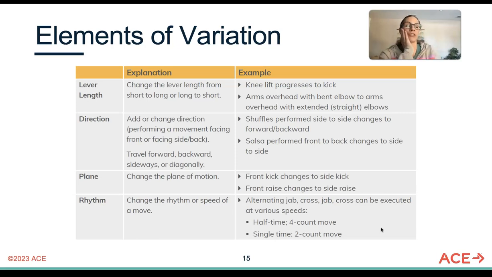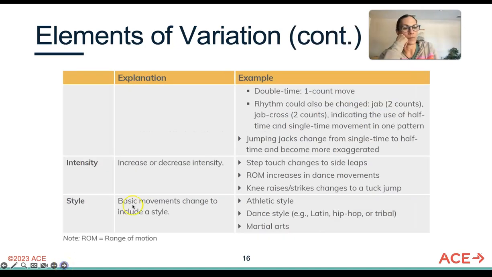I do that a lot with the agility movements. I always show those in single time. So maybe agility where you go out, out, in, out, in. I just do it with the music: out, in. And then if you want to go double time, you go out, in, out, in. So you do 2 movements per count. You can go slower and faster, so there are lots of ways you can speed up a movement.